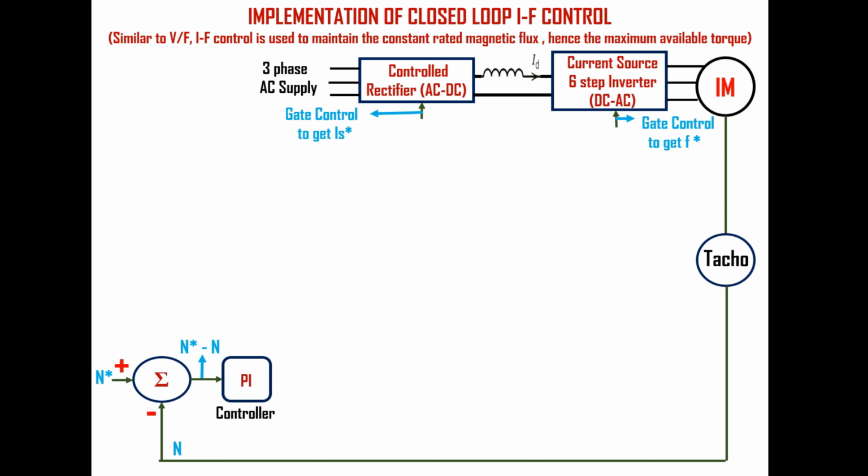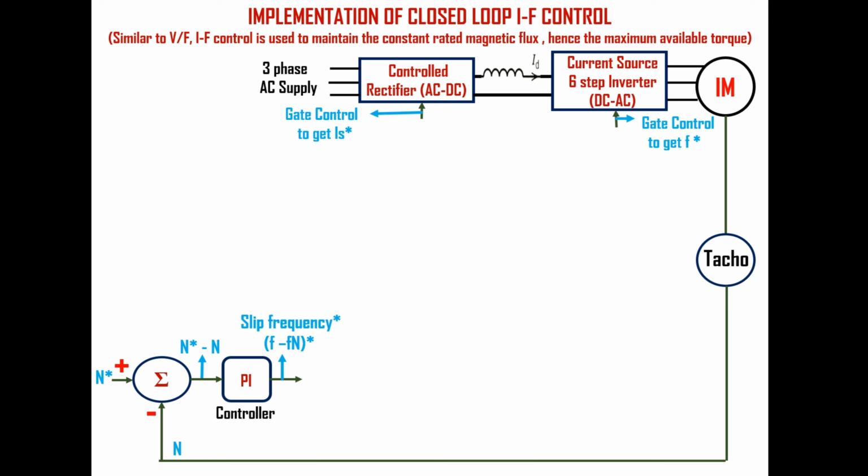This will be given to the PI speed controller. The job of the PI speed controller is to make the input, that is n star minus n, go to 0, which means it will make the actual rotor speed n equal to the desired rotor speed n star. The output of the PI speed controller is the desired slip frequency f minus fn.